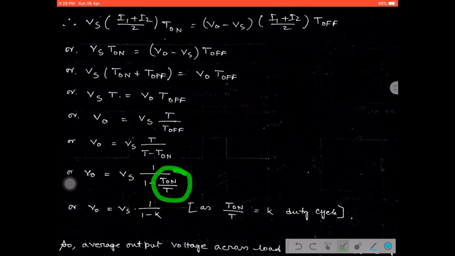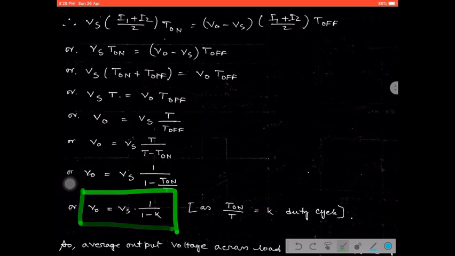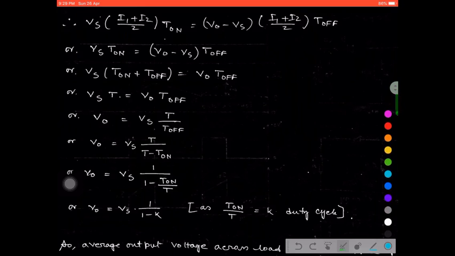As we know, T1 by T is called the duty cycle, which can be replaced by the term K. So the final expression for the output voltage is V0 equals Vs times 1 by (1 minus K). It is a very important point that the duty cycle K is always less than 1.